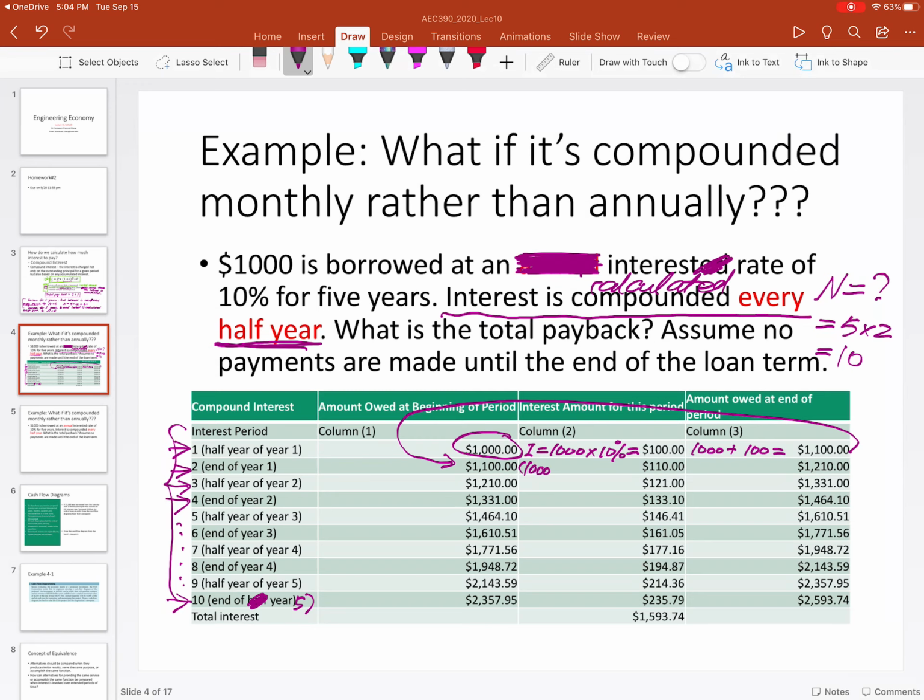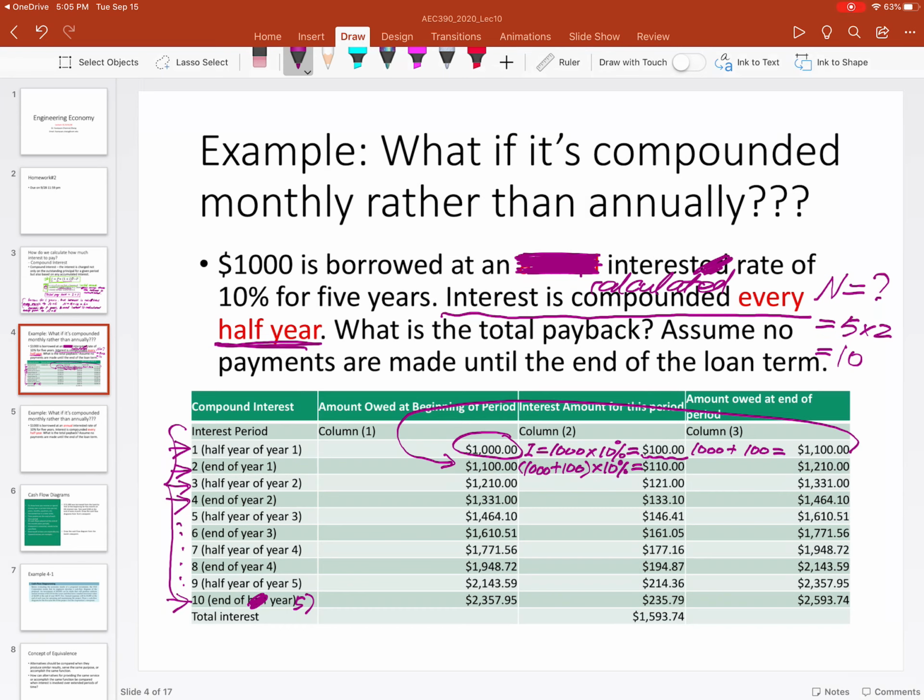So the new base will be the initial amount you borrow plus the interest in the previous periods. And here you only have this as your previous interest, so that's your new base, times 10%.